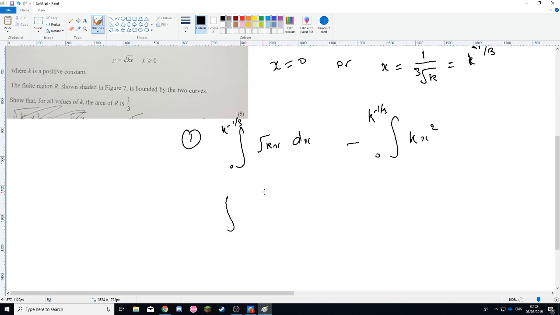So what do we have? We have a root k constant, and you have x to the half inside. Not that bad, is it? Raise the power by 1, divide by the new power.